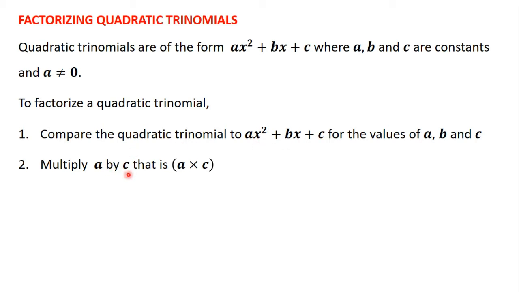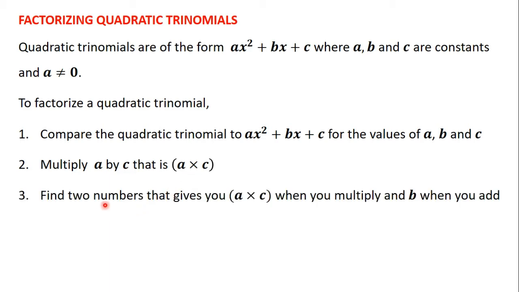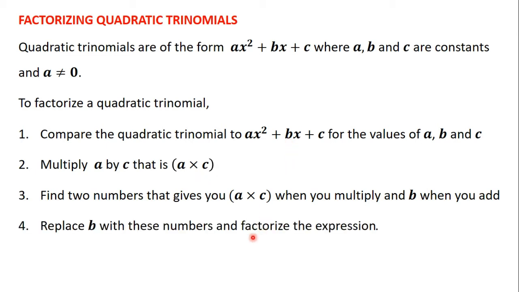After multiplying a by c to get a times c, you find two numbers that will give you a times c when you multiply them and b when you add them. After finding those two numbers, you replace b with those numbers and then factorize the expression.